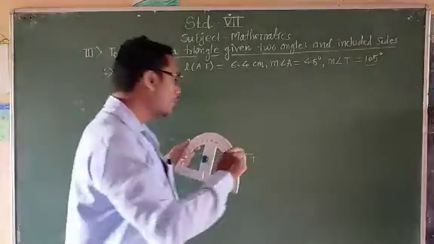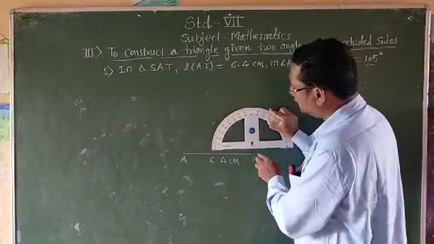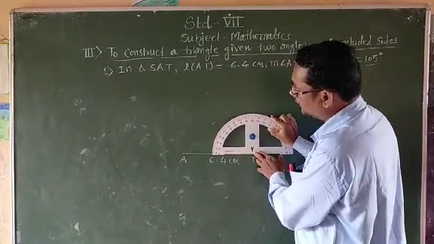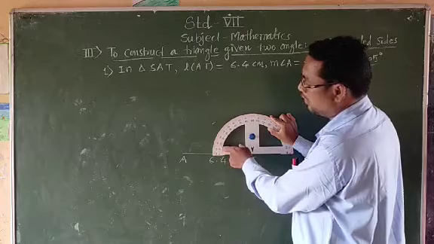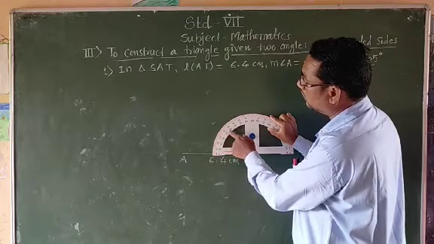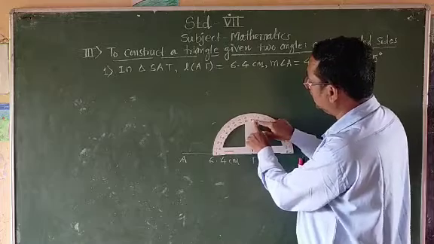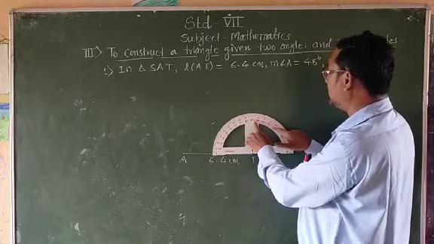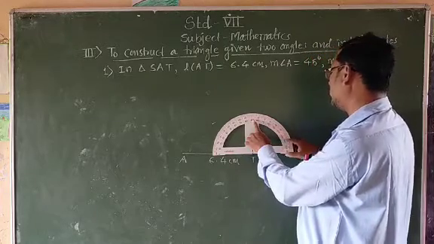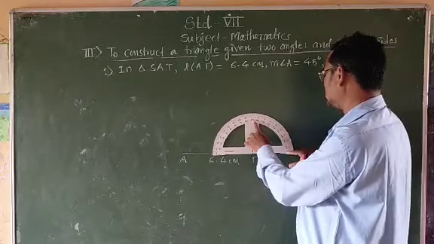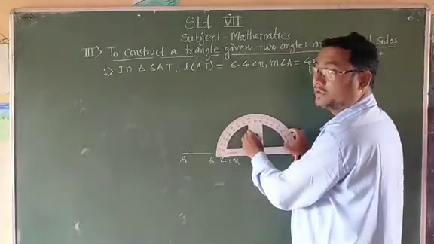And if I put this protractor on this side, then you have to read 0, 10, 20 up to 180 from the other side.